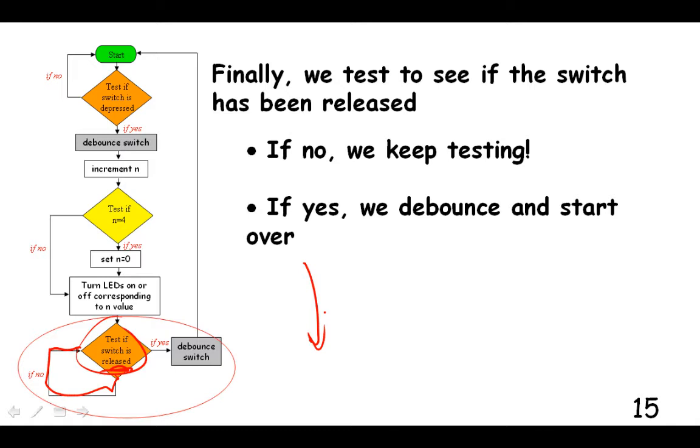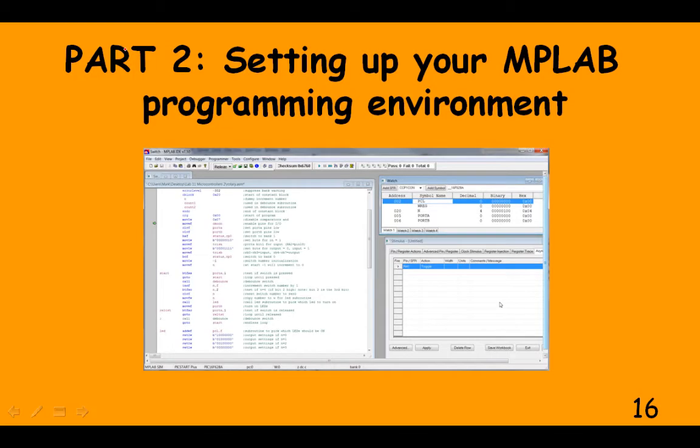So it doesn't want to start looking for the switch being pressed again while you still have it on. We have to slow the program down for a human being to be able to press this. So this statement right here is going to keep cycling through itself until that switch goes to low. Once that switch is released and we've got a 0 on that input port, then we've got a yes here. We debounce the switch again and start all over again.